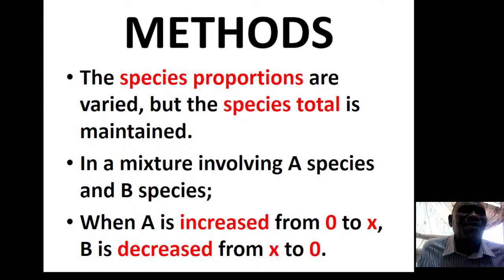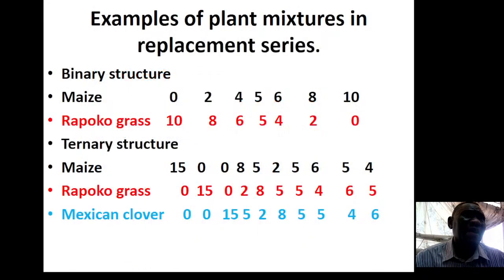In a mixture involving A species and B species, for example, we can increase the number of A species from 0 to X, and at the same time we can decrease that of B from X to 0. Let us use the example of maize and rapoko grass.